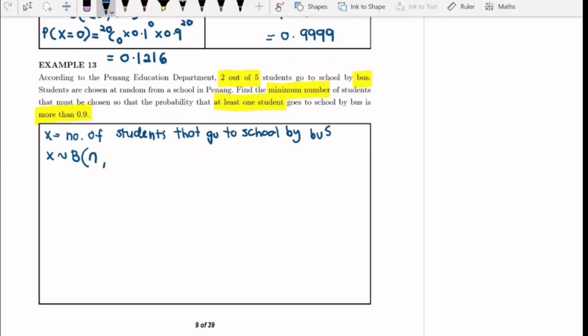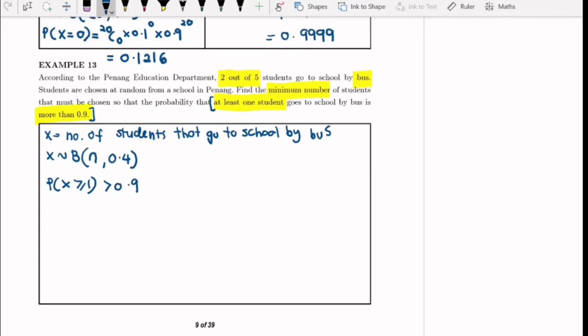And the probability of a student going to school by bus is 2/5, and we know that 2 over 5 is equal to 0.4. Now, at least one student, so x greater than or equal to 1, go to school by bus is more than 0.9.